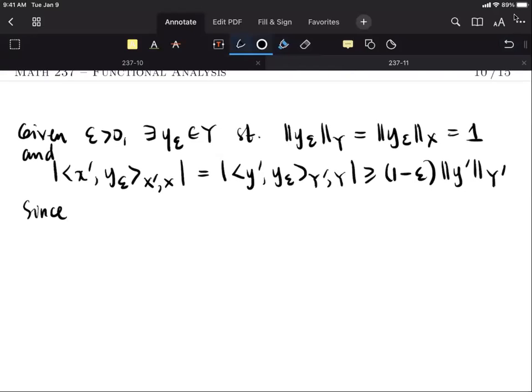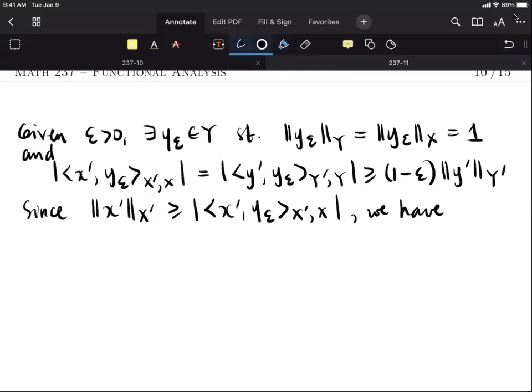Since according to the definition of the duality pairing, this is the sup over all this as long as the norm of y is equal to 1. So this one is greater or equal to x prime y epsilon. So therefore, we have this inequality.